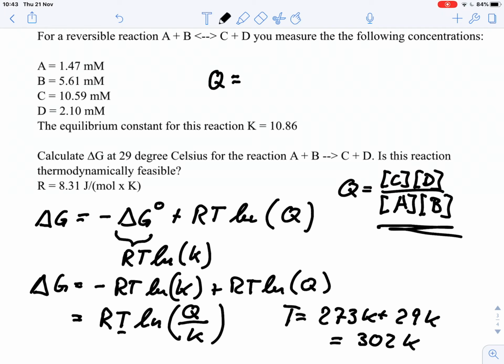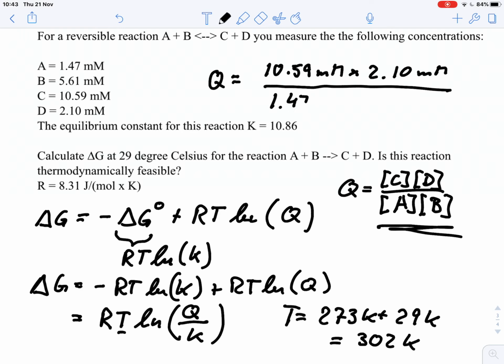So this would be Q equals 10.59 millimolar times 2.10 millimolar divided by the concentrations of the reactants, and that is 1.47 millimolar and 5.61 millimolar, and we see the units cancel out.